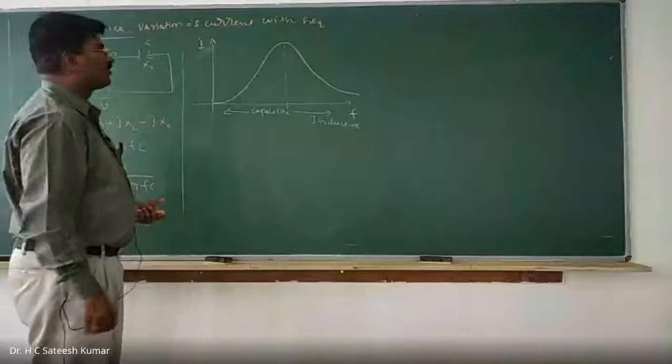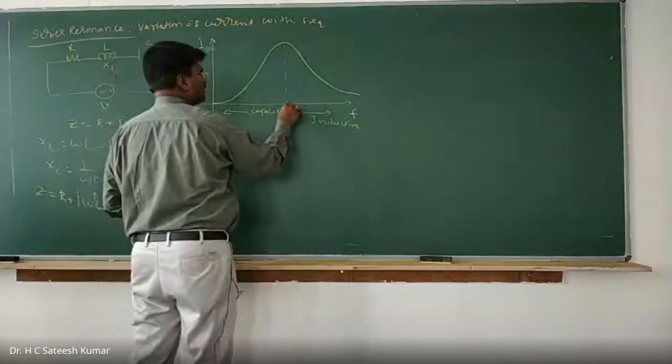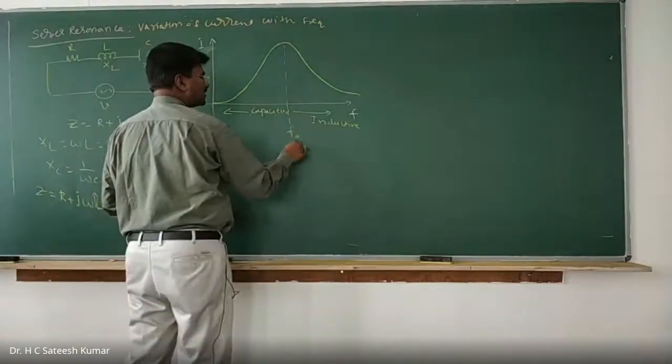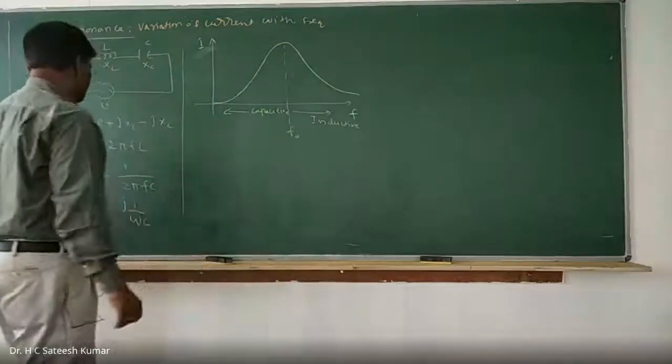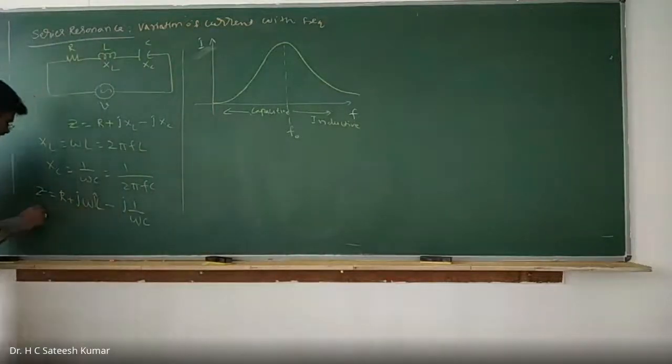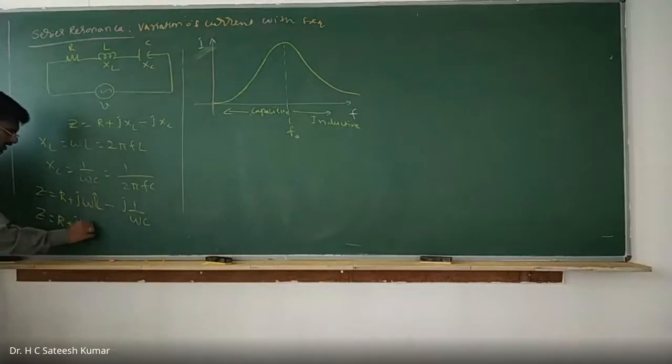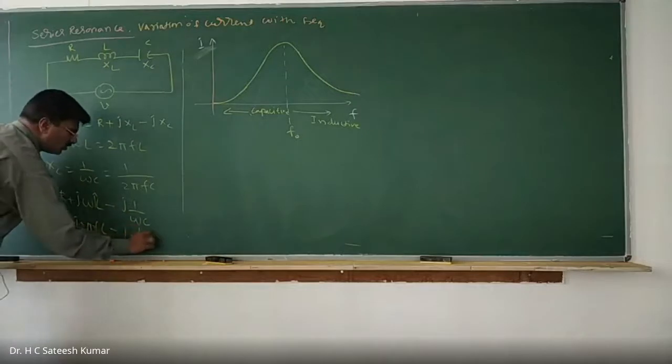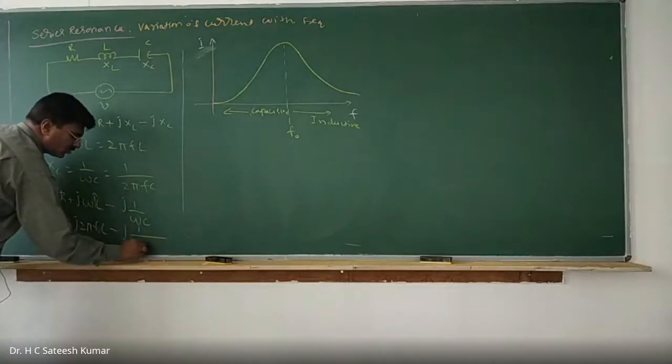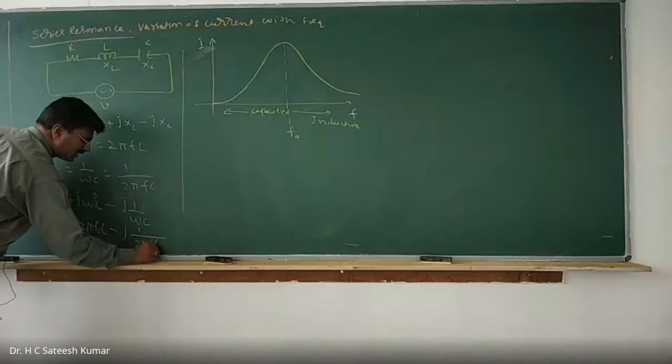The frequency at which maximum occurs, we call it the resonant frequency f naught or omega naught. This is nothing but Z is equal to R plus j 2 pi f naught L minus j into 1 by 2 pi f naught C.